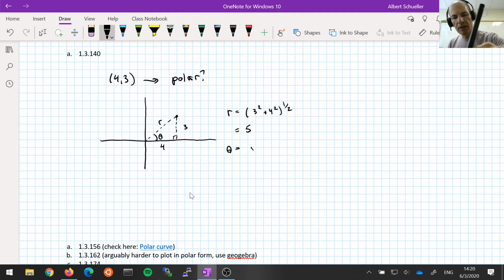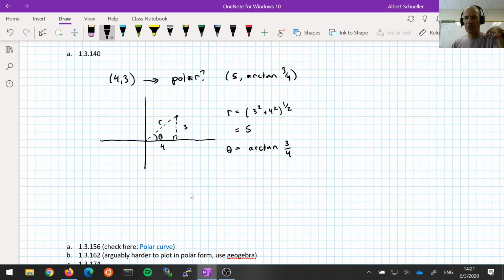So theta is equal to the arctan of 3/4. And the arctan of 3/4 is not a nice angle that you know, so you can just leave your answer in this form: 5 and arctan 3/4. That would be a perfectly sufficient answer.